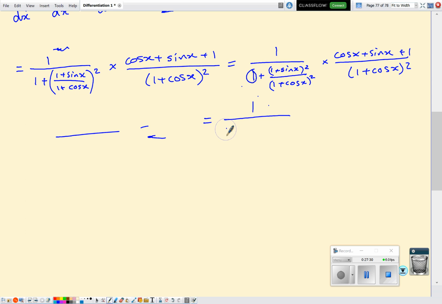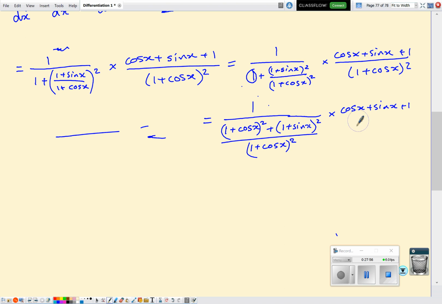So what I'm actually going to get is 1 plus cos of x all squared plus 1 plus sine of x all squared all over 1 plus cos of x all squared times cos x plus sine x plus 1 all over 1 plus cos of x squared.